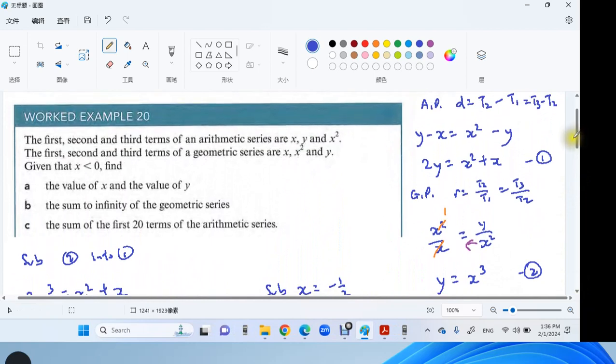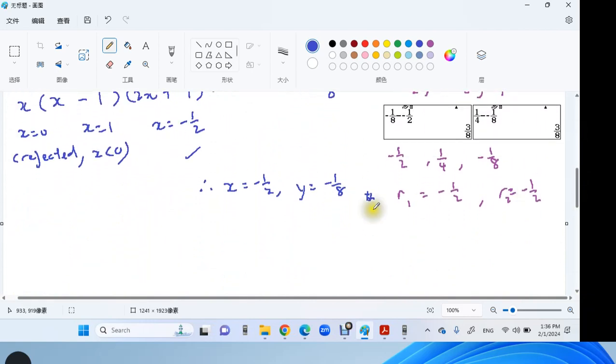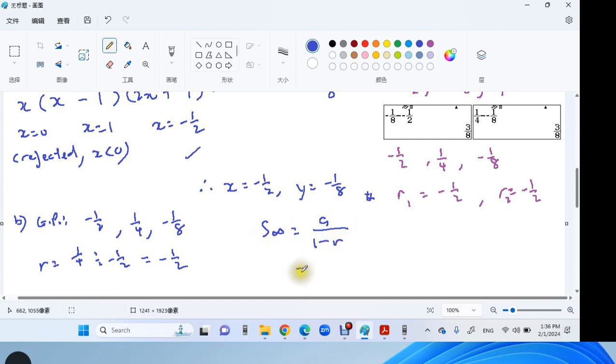Next, sum to infinity for the geometric series. So for the GP, we have negative 1 over 2, 1 over 4, and negative 1 over 8. The R is 1 over 4 divided by negative 1 over 2, that is negative 1 over 2. So the S infinity is a over 1 minus r.